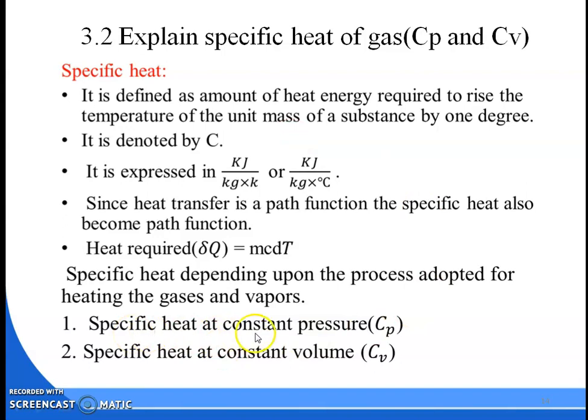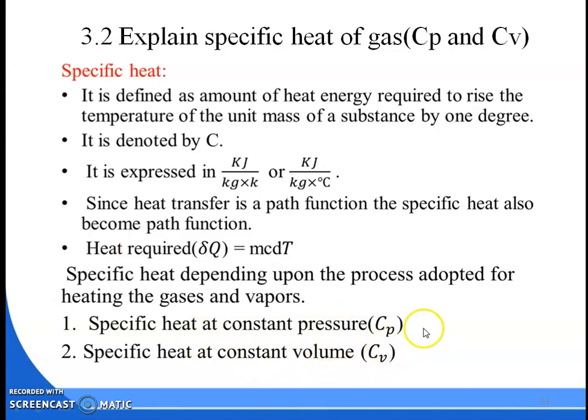If you are adding the heat at constant pressure, that is known as specific heat at constant pressure. If you are adding the heat at constant volume, that is known as specific heat at constant volume. So there are two types of specific heat: specific heat at constant pressure and specific heat at constant volume, because the process undergone is either a constant pressure process or a constant volume process.